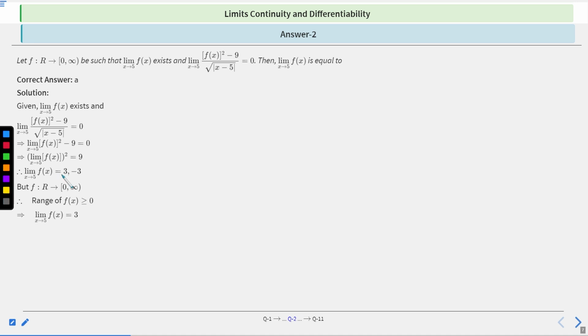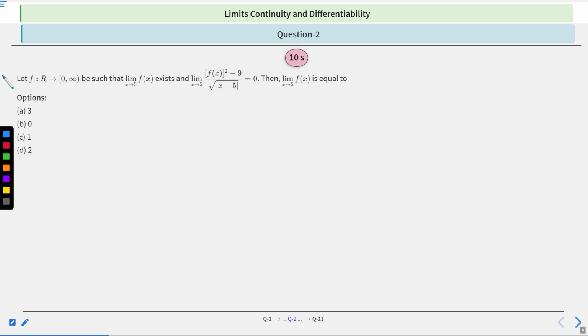So the limit of f(x) squared is equal to 9. Therefore, the limit of f(x) can be 3 or minus 3. But the function is defined from 0 to infinity. Therefore, the range of f(x) is greater than or equal to 0. So the limit as x tends to 5 of f(x) is equal to 3, right? So option A is the right choice, 3. Clear?